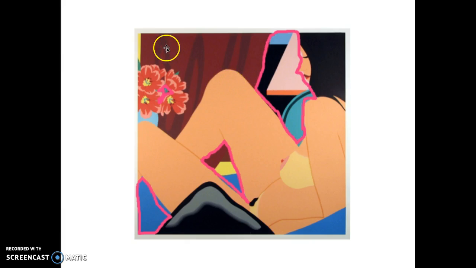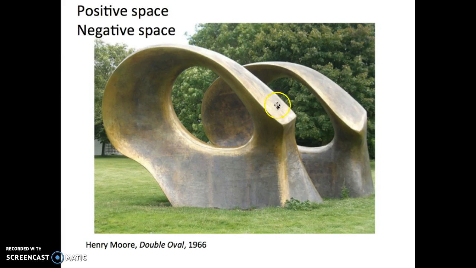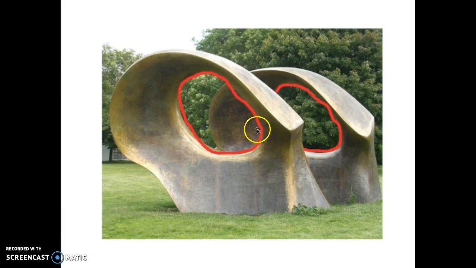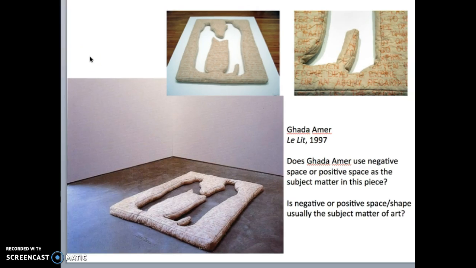So in two-dimensional works, we're looking at positive and negative shapes. Then in three-dimensional works, we're looking at positive space, the space that occupies real space, and then negative space, these spaces that surround the actual object.